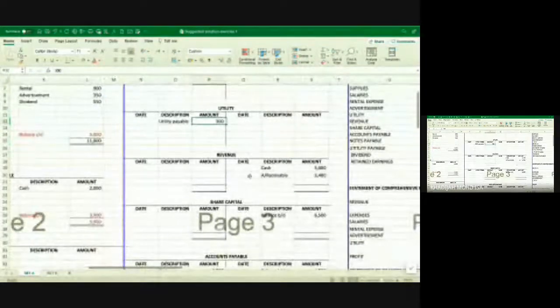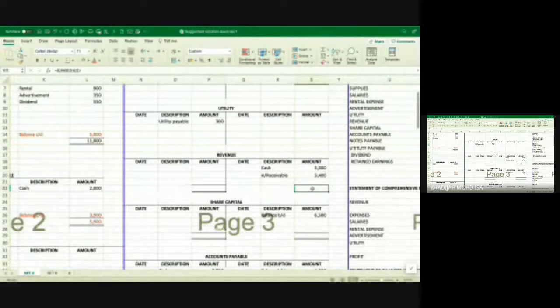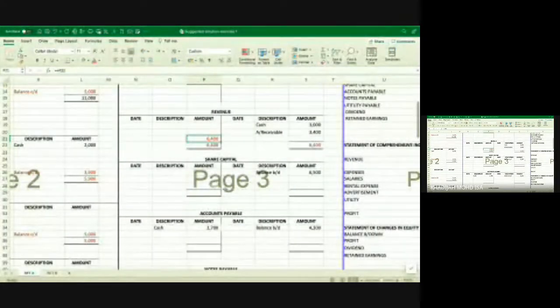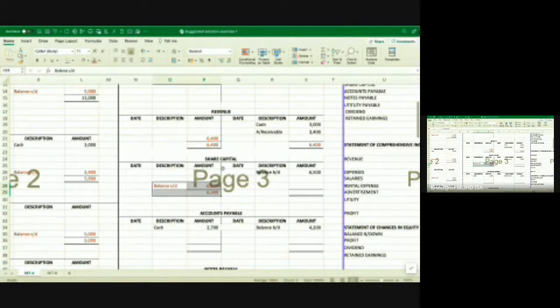Revenue, in this case, it's different. Revenue you have 3,004. What will be your closing figure? It's the same. You don't have a debit side of the revenue, so this one will be your closing figure. Share capital, no changes.